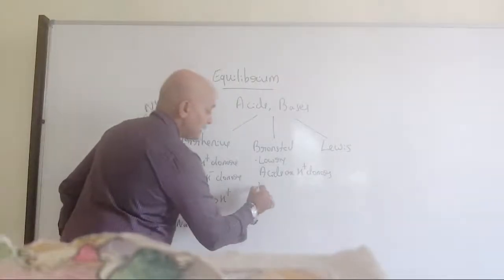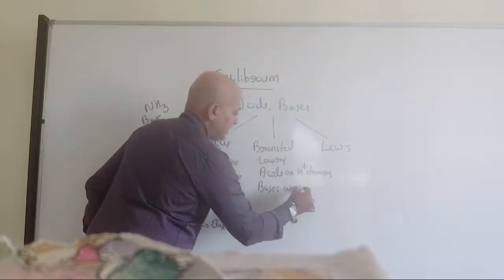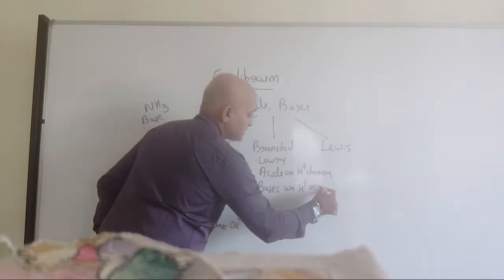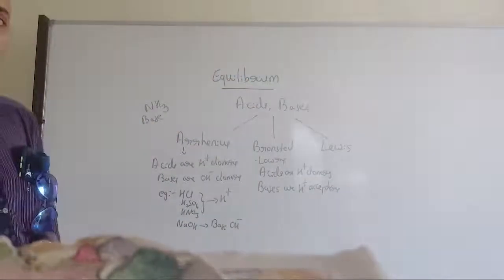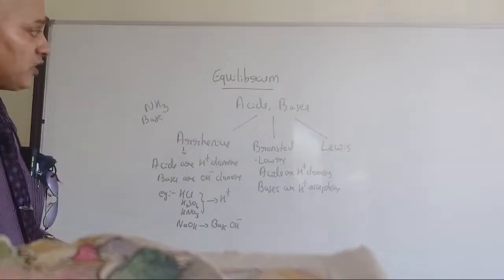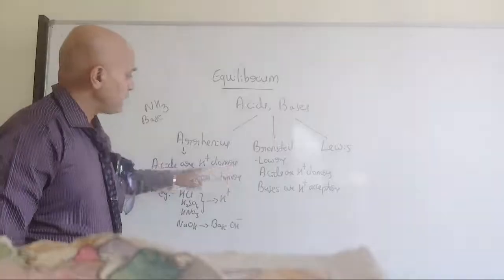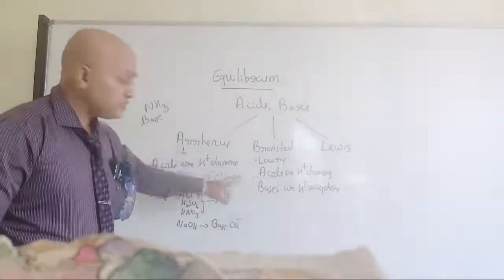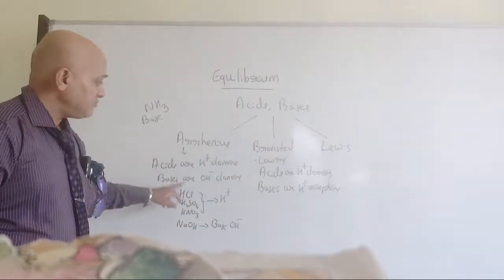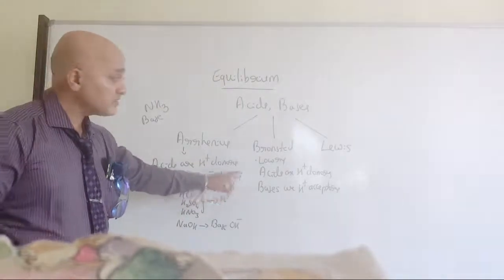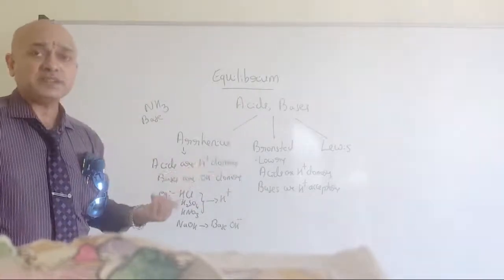But when it comes to bases, he said that bases are H plus acceptors. That's what Bronsted-Lowry theory talks about. With respect to the definition of acids, both are the same. But when it comes to the definition of base, there is a change. According to Arrhenius theory, bases are OH minus donors, and in Bronsted-Lowry theory, bases are H plus acceptors.